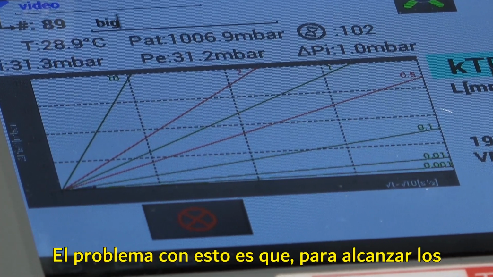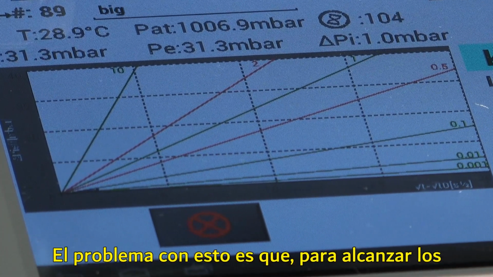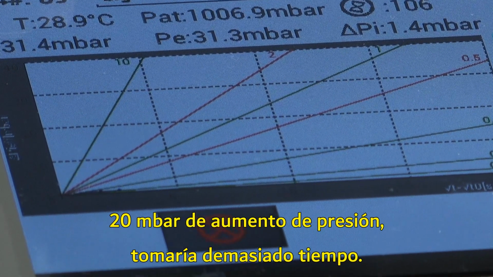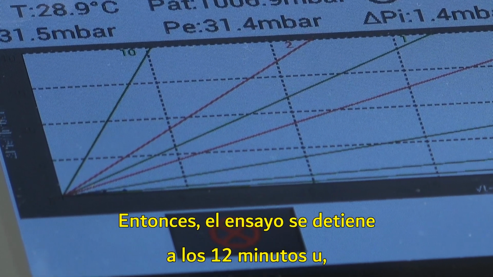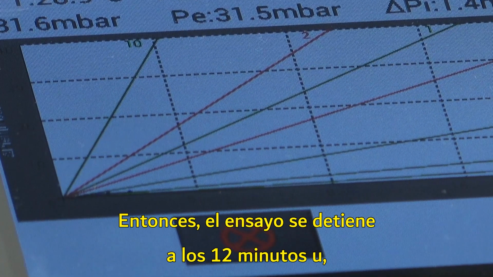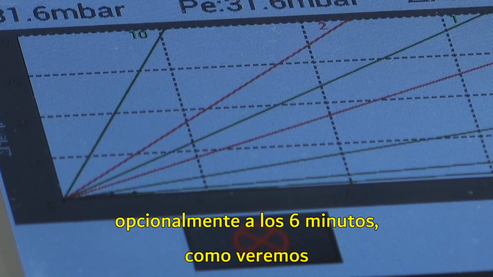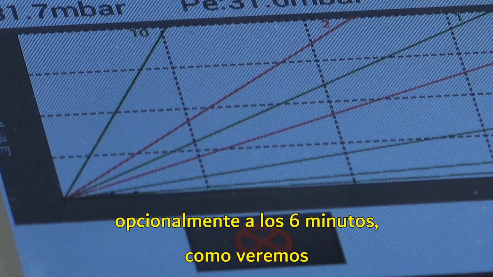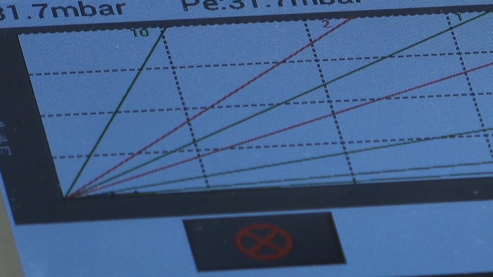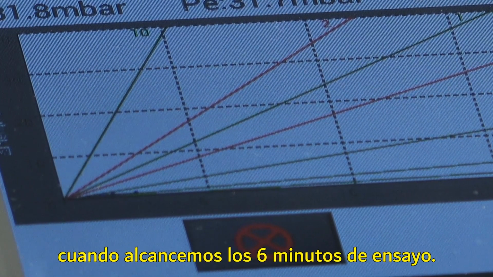The problem with this is that in order to reach the 20 millibars, it will take a very long time. Therefore, the test is stopped at 12 minutes or optionally at 6, as I will show in a few minutes when we reach the 6 minutes of test.